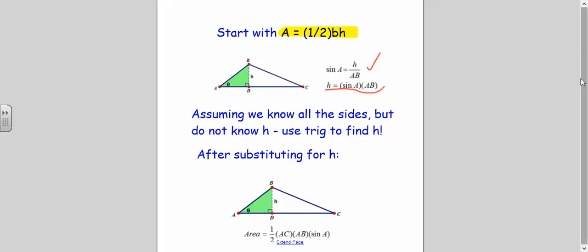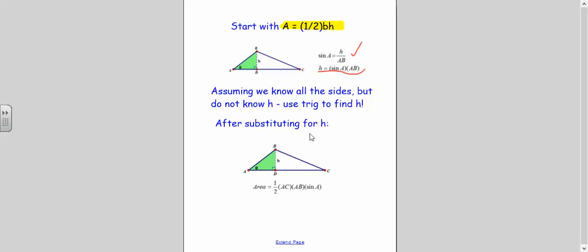So after substituting for H, if you were looking for the area, we're still looking at our base, which we said was A to C, so we're going from here all the way to here. That's AC. And then our height, which we just wrote in reverse, was the side AB times the sine of A. So that's how we calculate the area for this triangle using the sine of A. We could do the same thing using C, but it would be the same thing.